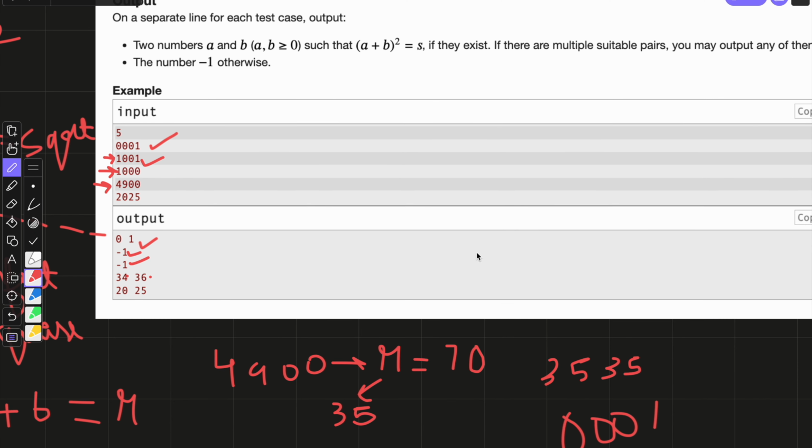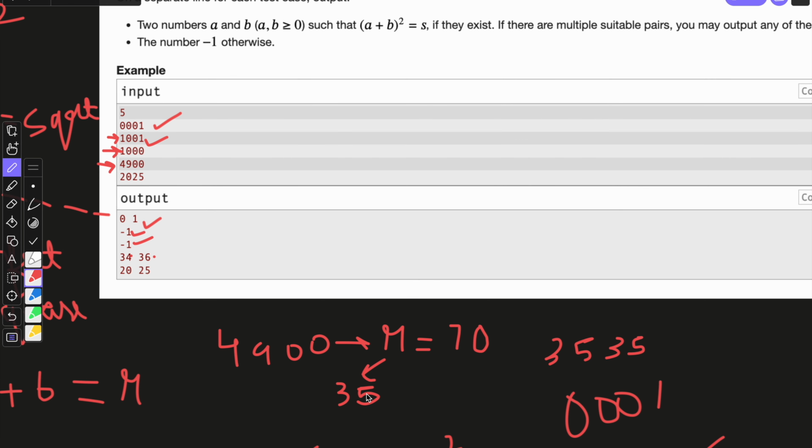In this question any pair would be acceptable. Any pair of a and b is acceptable, so it is also acceptable, because when we add 35 and 35 we will get 70, right? And if we want to get the other pair, we can do 35 minus 1 and 35 plus 1.